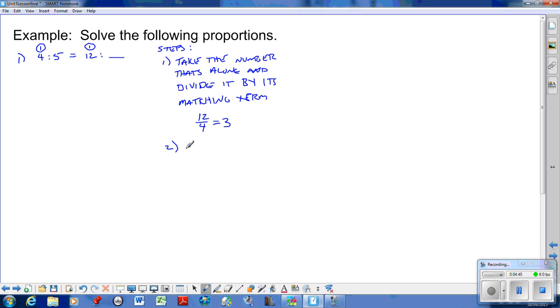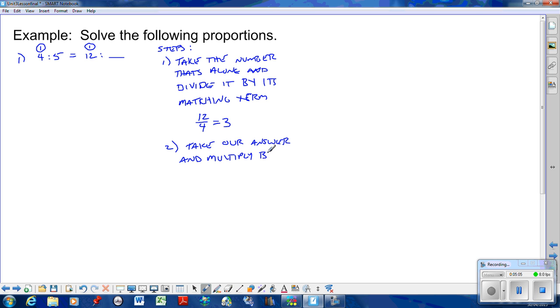Step 2 is to take our answer and multiply by the remaining number or numbers.